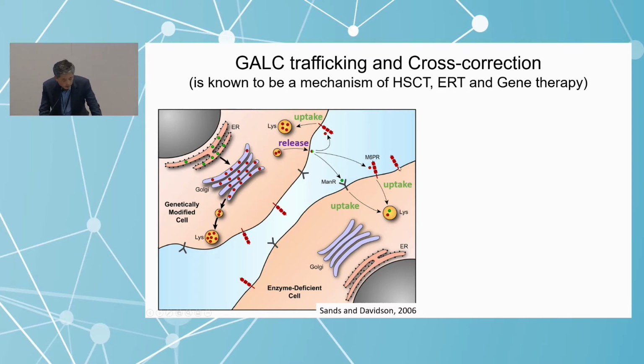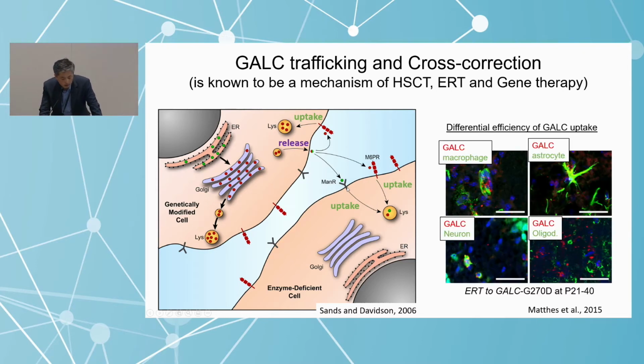For this uptake process, they need some membrane receptors named mannose receptor or mannose 6-phosphate receptors, which means that those 2 proteins targeting the plasma membrane might be key to more efficient uptake. In another recent paper published in 2015, they tested uptake efficiency with ERT in a newly generated Krabbe mouse model.